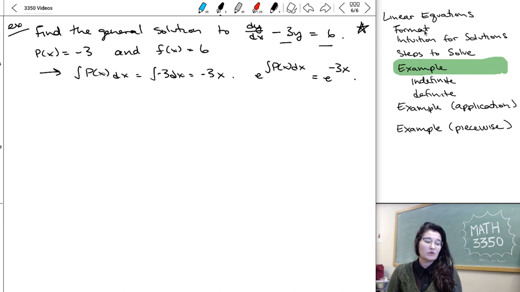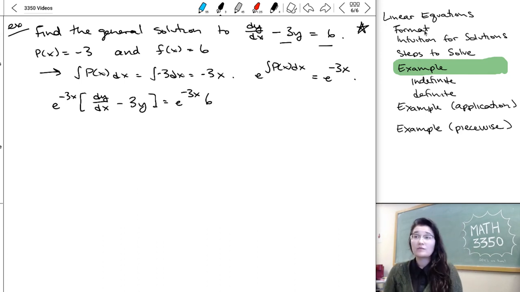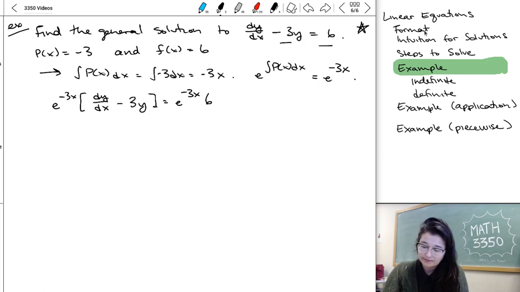That's the thing that we're going to multiply both sides of our differential equation by. So at this point, I'm on to step 3. I had the standard form, I computed that e to the integral of p of x dx, and now I've put it on both sides of my equation.